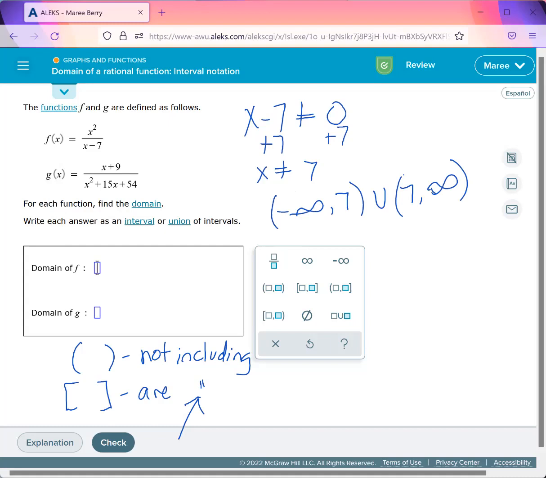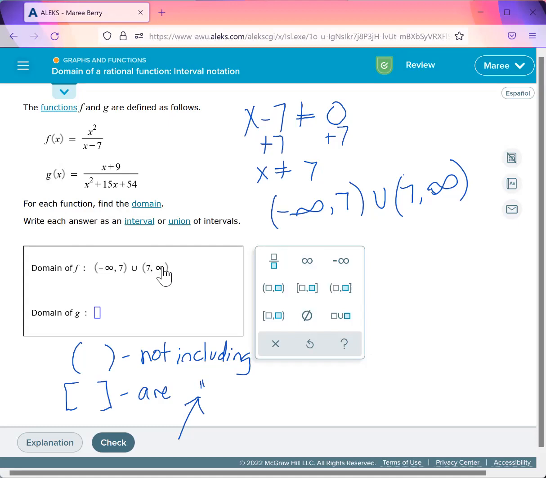So we're going to go ahead and do this one, and we'll put in negative infinity, and then we'll have a 7. Come to the outside, we'll do union, we'll do that one again, and we'll type 7 and then positive infinity.